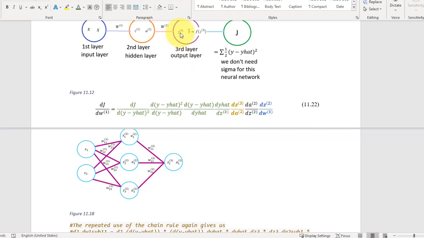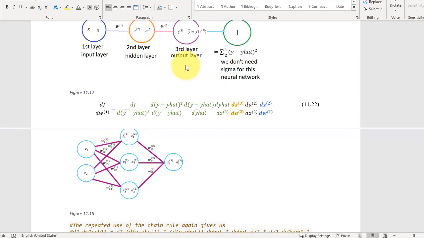So that's the derivative of z3 with respect to A2. If we're going here and we want to get to here, the way that we'll go is through here, here, here, and then here. So this third layer is here, and this second layer node is this one here.